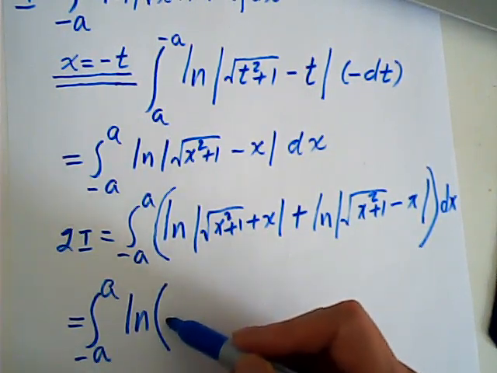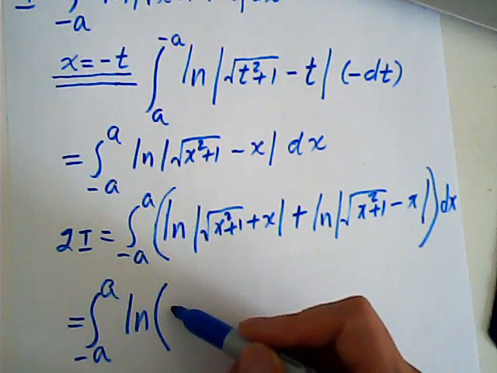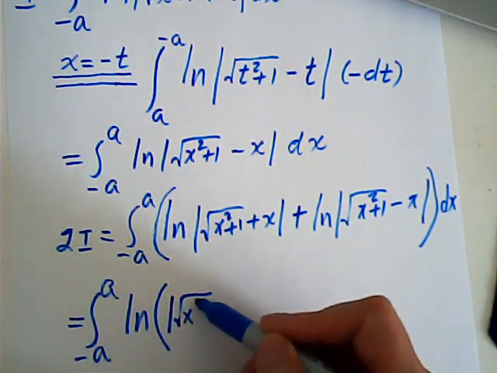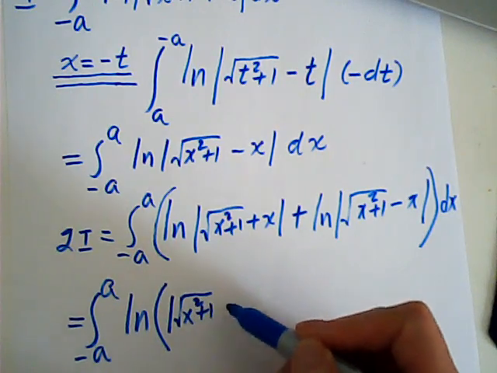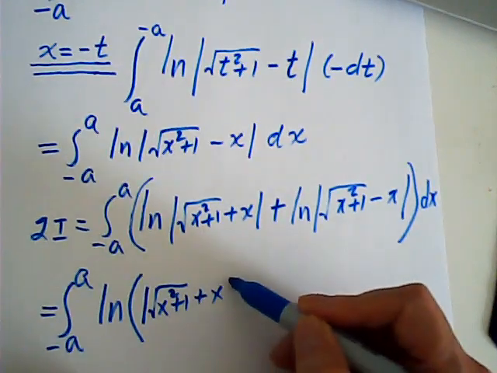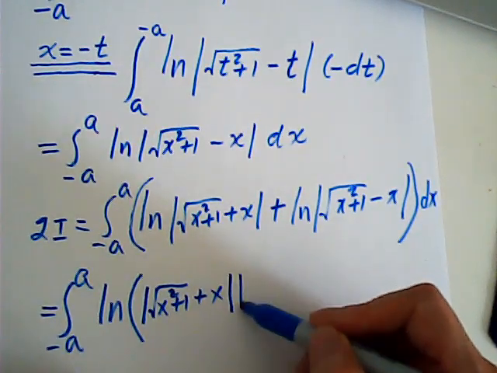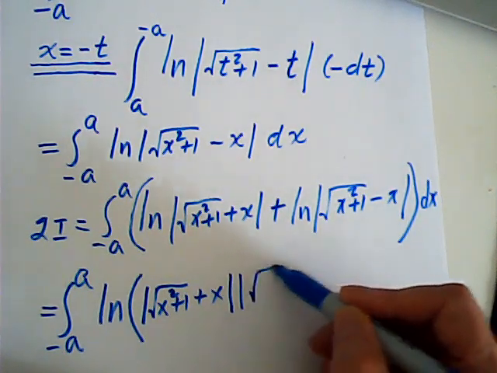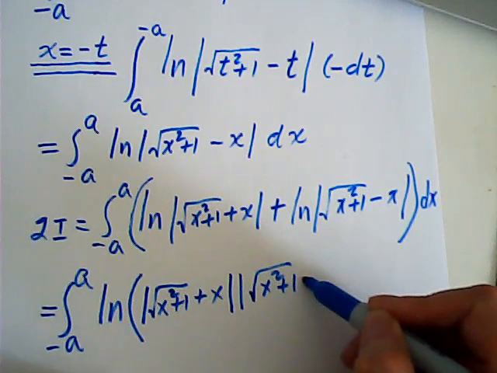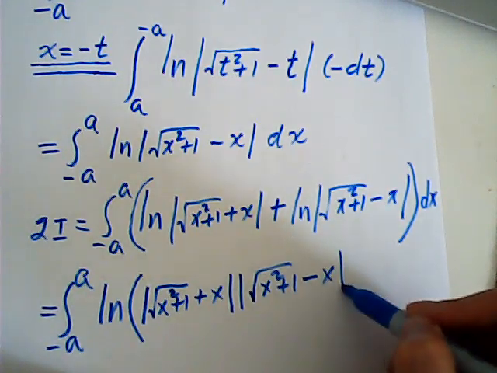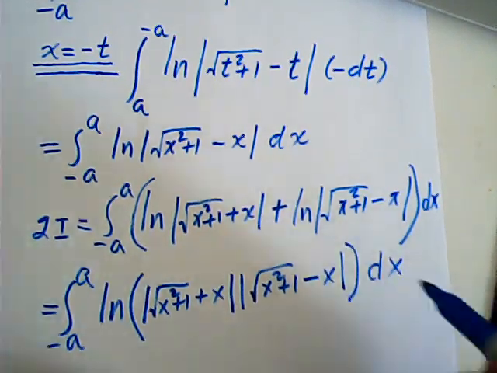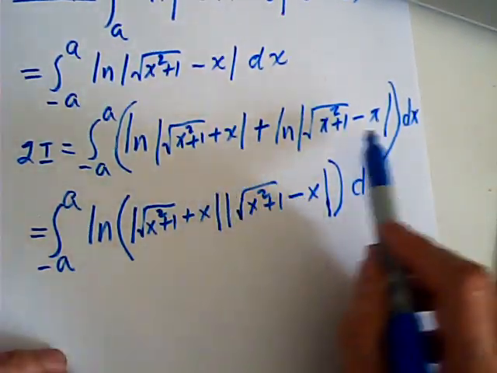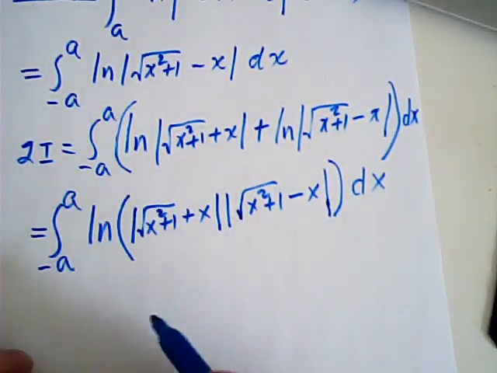This means log absolute value of square root of x squared plus 1 plus x, multiplied by that square root of x squared plus 1 minus x, right? Here, I simply multiply these two together, then take log.